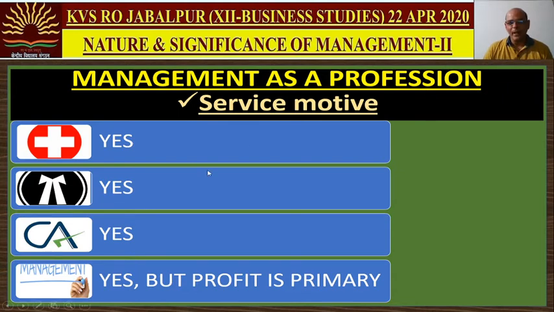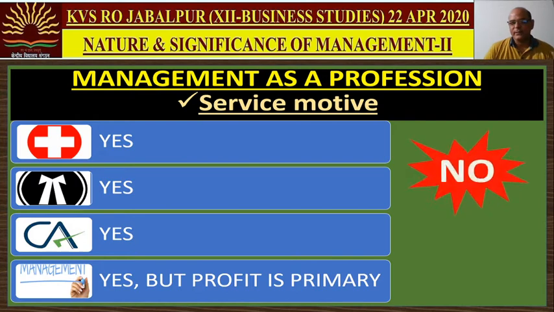So without providing services, even managers cannot earn profit. But when we talk about the priority, it is priority of profit over service. But in rest of the professions, it is obviously service is primary and earning profit is secondary. So according to this point also, we cannot consider the management as a profession.